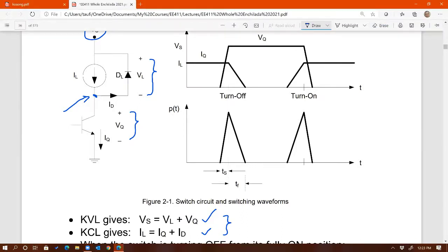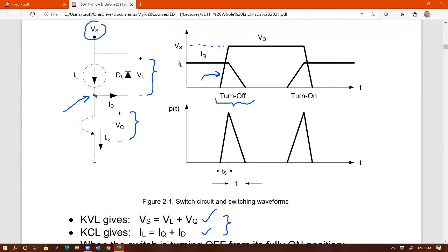If you can see from this turn off transition right there, you can see that the voltage changes first before current, right? As the voltage rises, because it's turning off, current stays the same, and then once voltage is reaching the peak value, which is Vs right there, that's when current starts to come down.